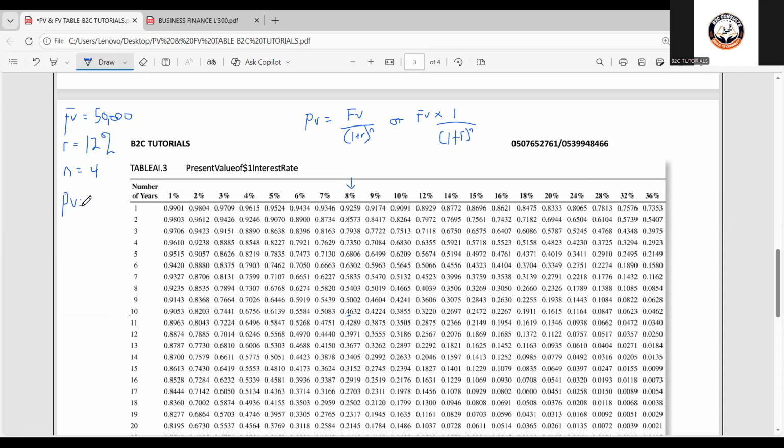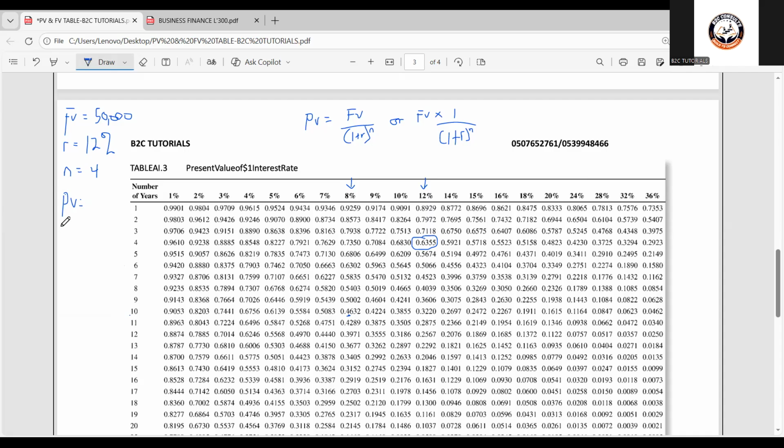Now, the formula that I have written here: future value multiplied by 1 over 1 plus R raised to the power n. I'll go to the 12% column, and then I'll pick year 4, and then select what is there. So 12% year 4 is basically this figure, 0.6355.